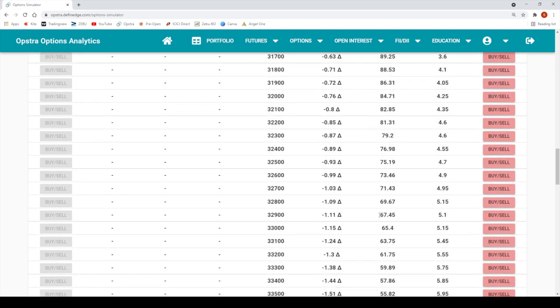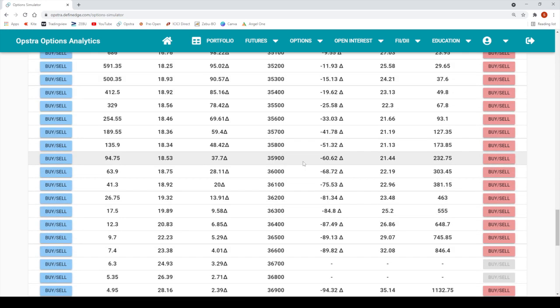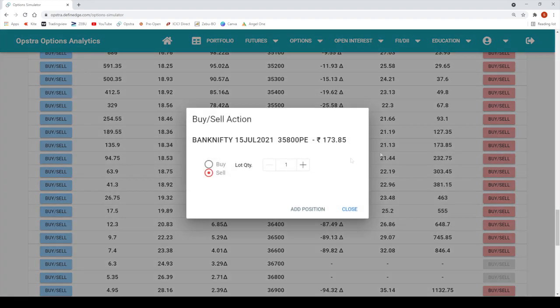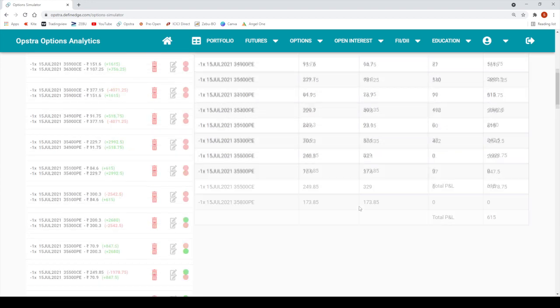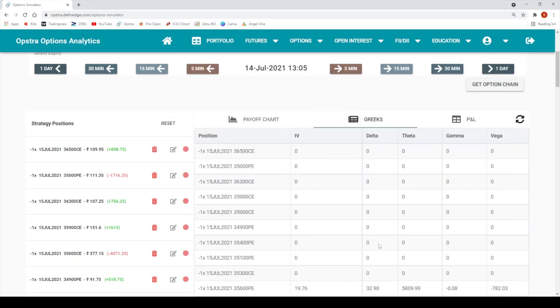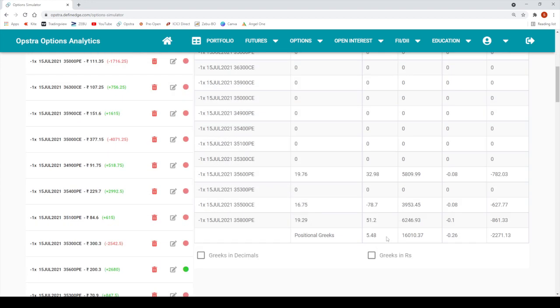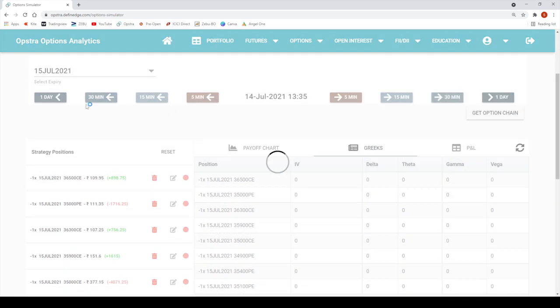We'll go to at the money put. So 35,800 is having delta 51, so I will be selling one lot. Okay, now we will see the Greeks. So it is managed. I am going forward.